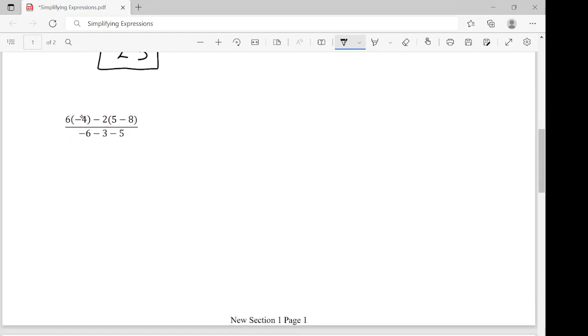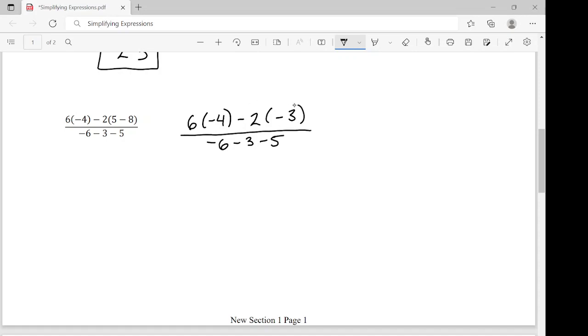Next, 6 times -4 minus 2 times 5 minus 8, all divided by -6 minus 3 minus 5. So parentheses, 5 minus 8 is going to give us 6 times -4 minus 2 times -3 all over -6 minus 3 minus 5.